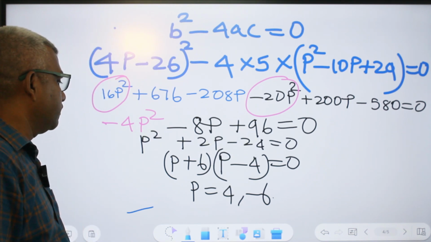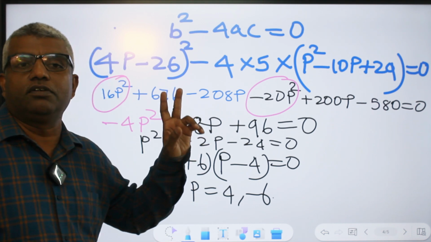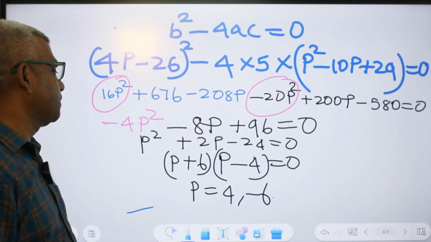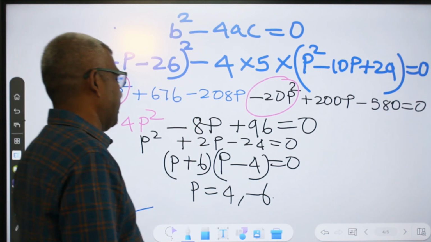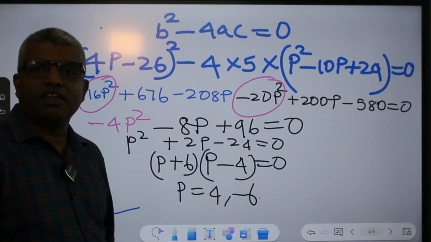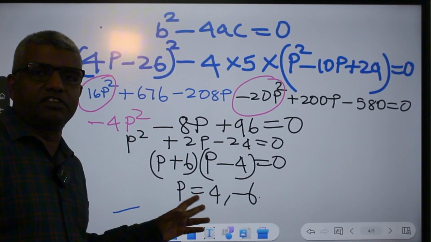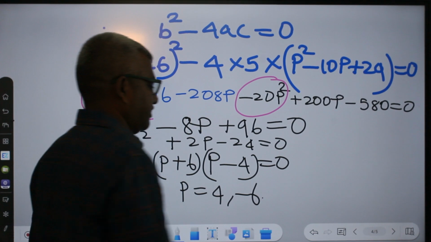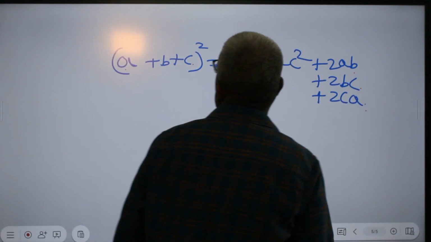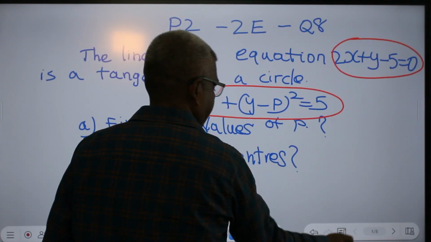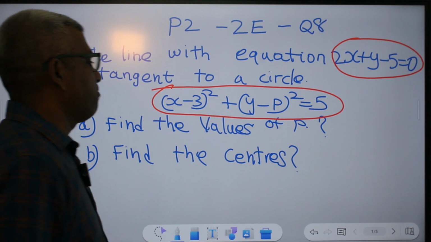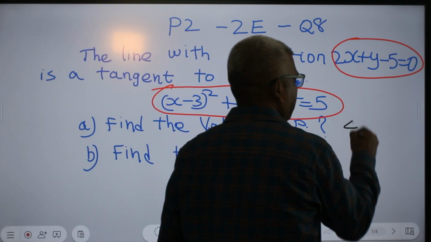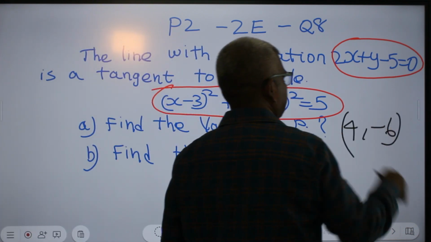Okay, now we found two possible values. p is equal to 4, minus 6. So option A we finished: find the values of p. p is equal to 4, minus 6.